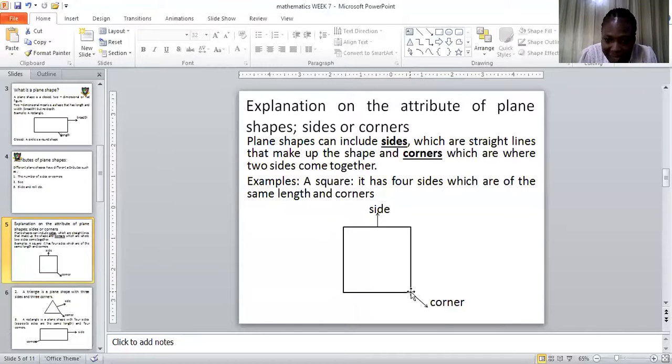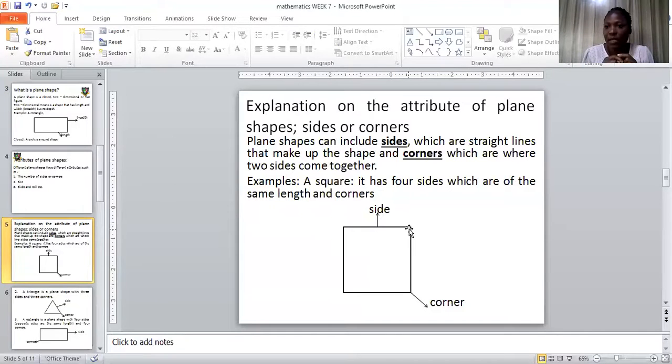We have this corner where two sides come together. Can you see another corner? And the last corner. How many corners does it have? 4 corners.